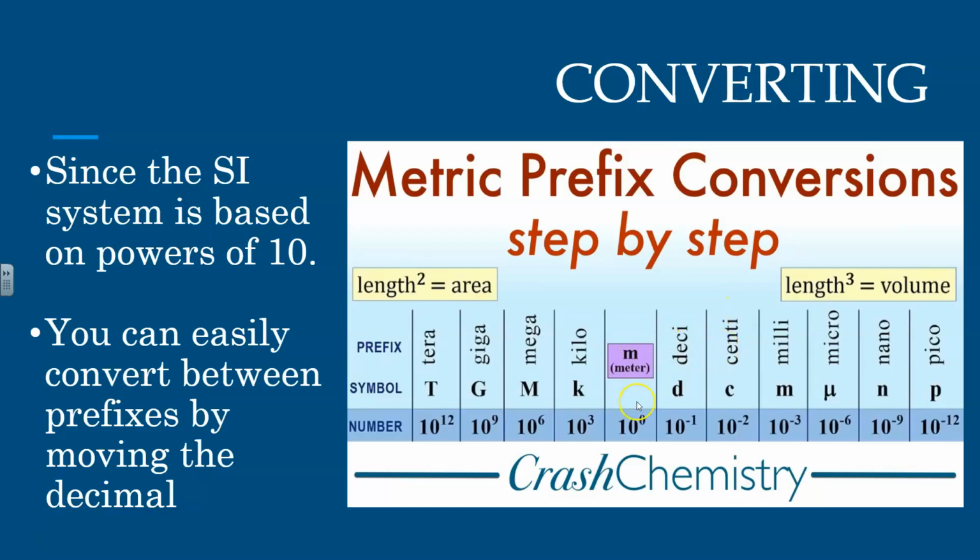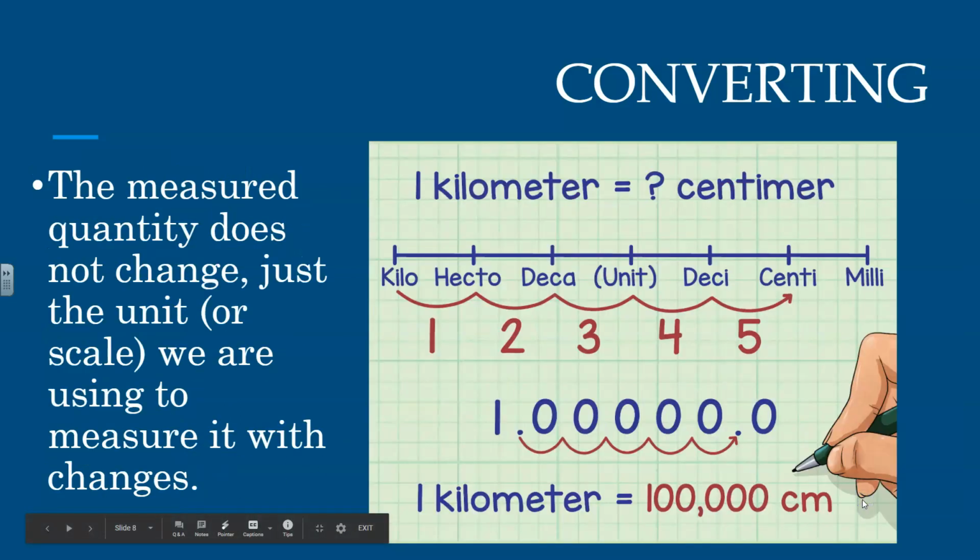So because the SI unit is based on powers of 10, we can convert between prefixes by just moving the decimal. So what do I mean by that? Okay. So first off, the measured quantity that we're using does not change.